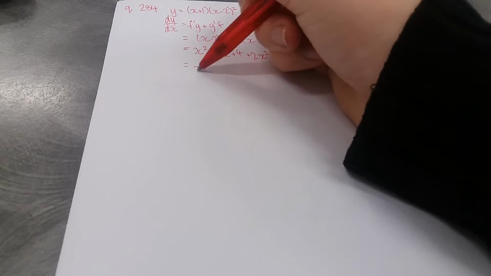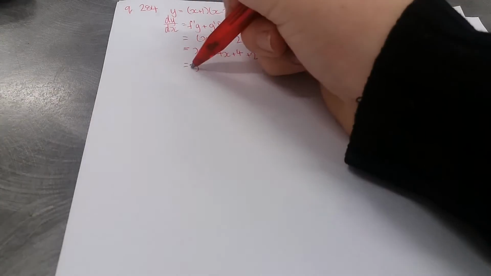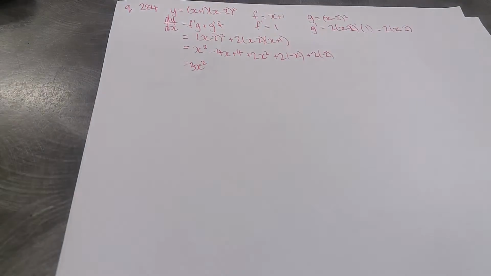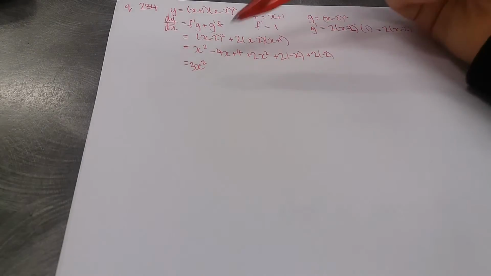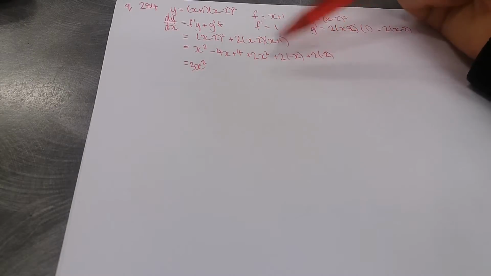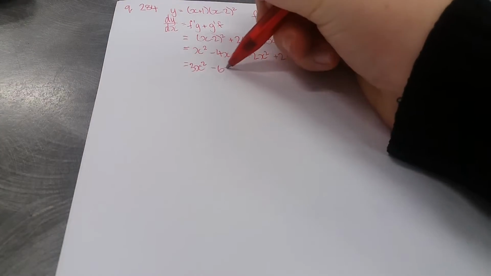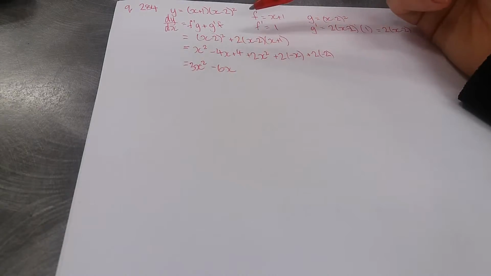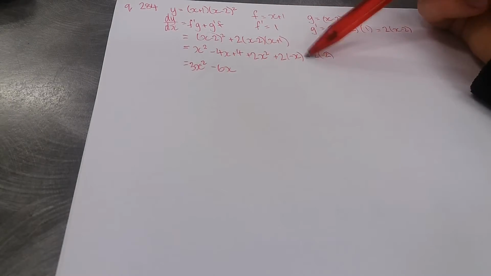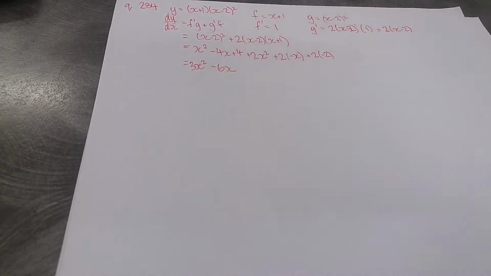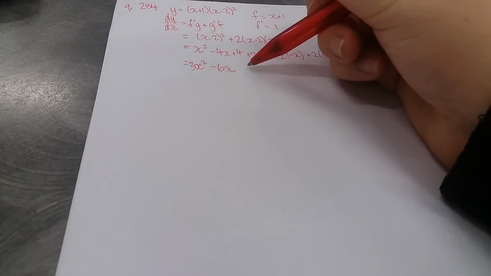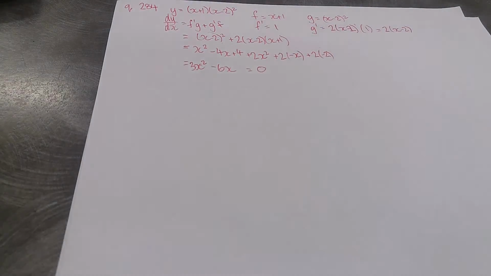Alright, so we end up with 3x squared, negative 4x, negative 2x, so negative 6x, and then we've got a plus 4 and a minus 4, so that goes away. So, want to know when this is equal to 0?